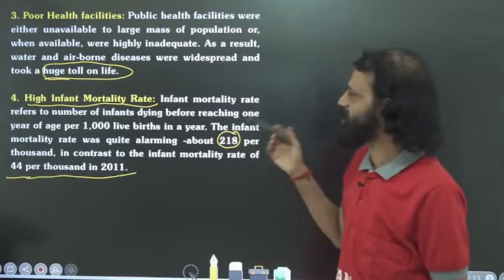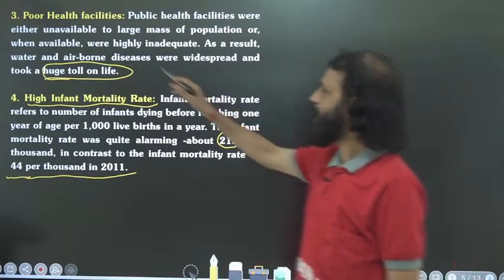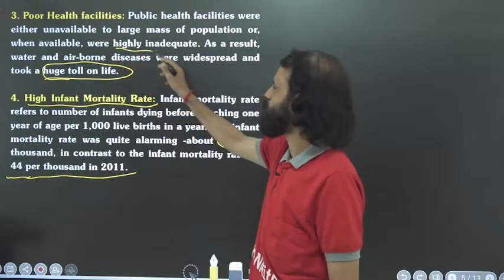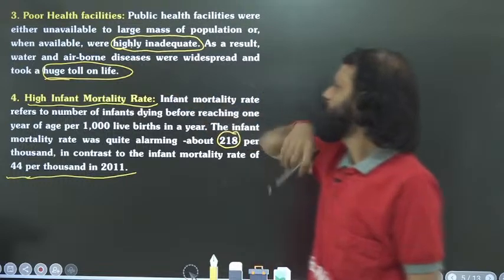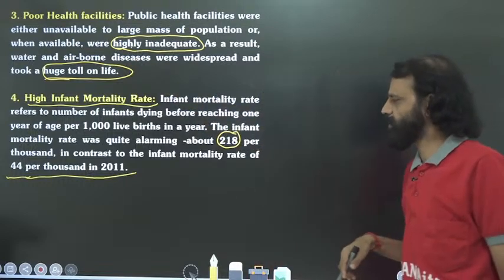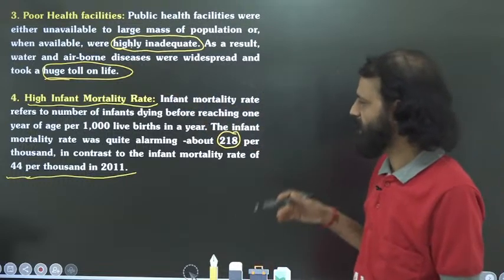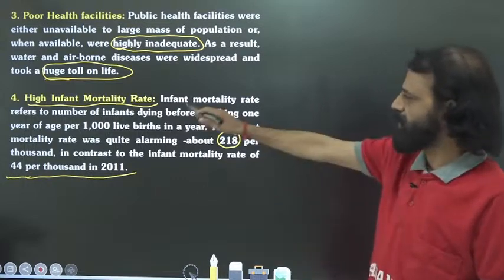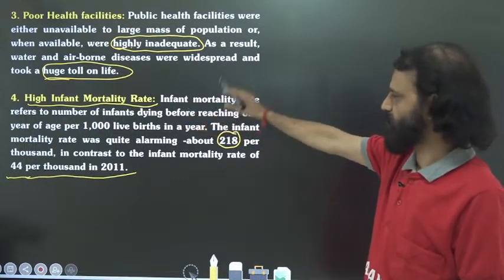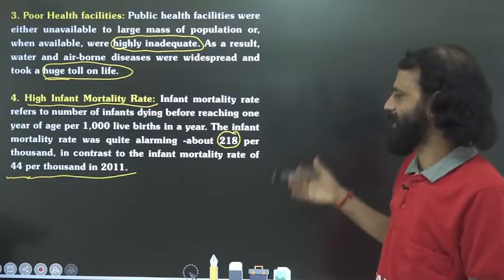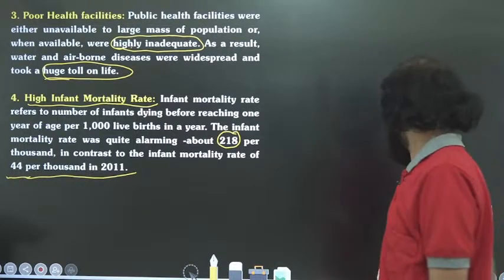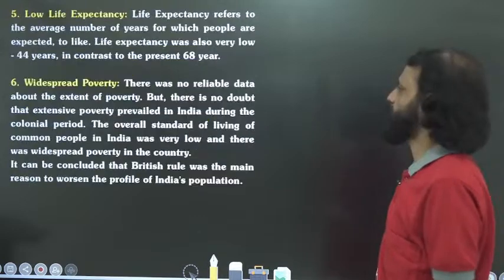In some places they were available, but highly inadequate, not sufficient. Then infant mortality was very high at that time. Now it is very less. These 2 points you need to remember.